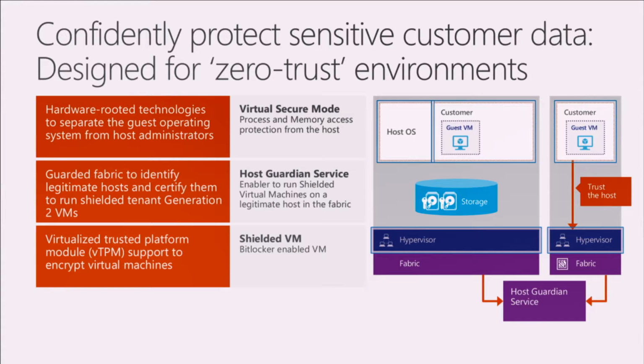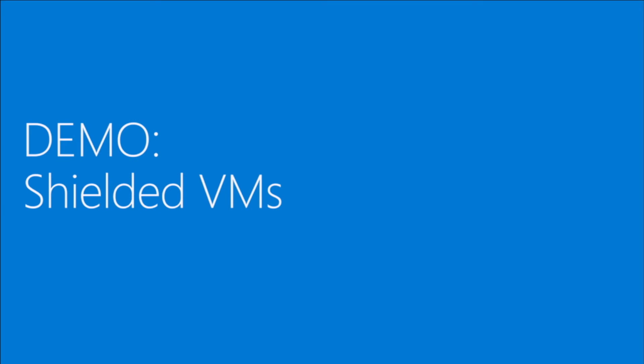So I can decide, yes, this is a host I trust, this has the requirements I need from a customer perspective, and it does not allow the administrator to interact with the virtual machine. This does not stop on the disk layer. It also stops me from having this issue here.